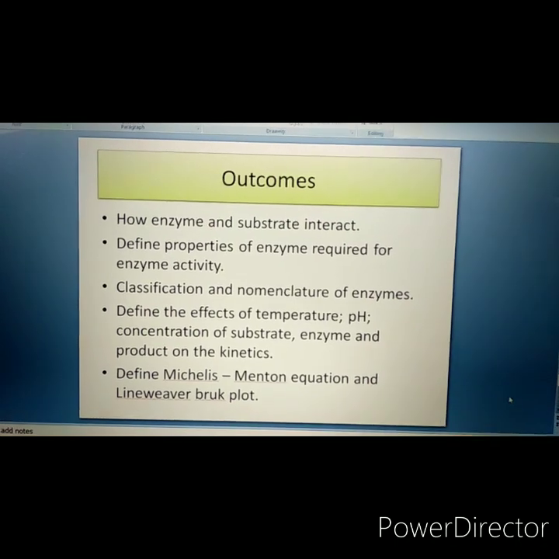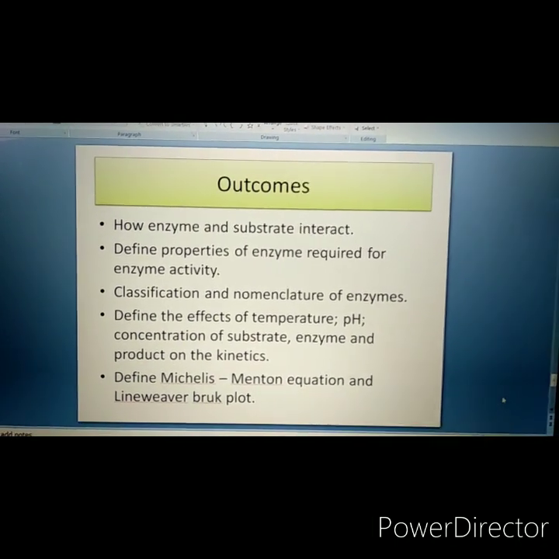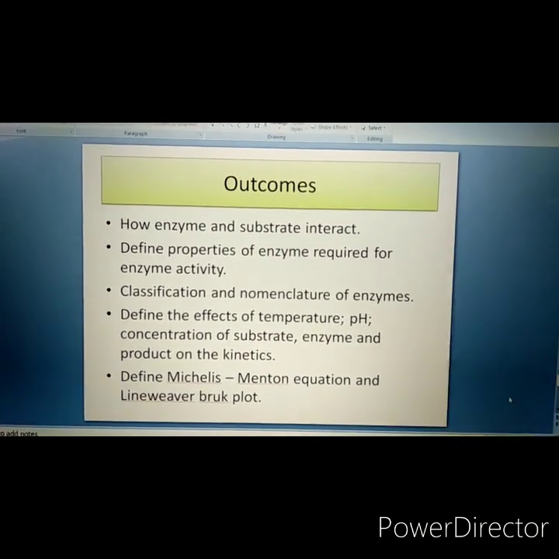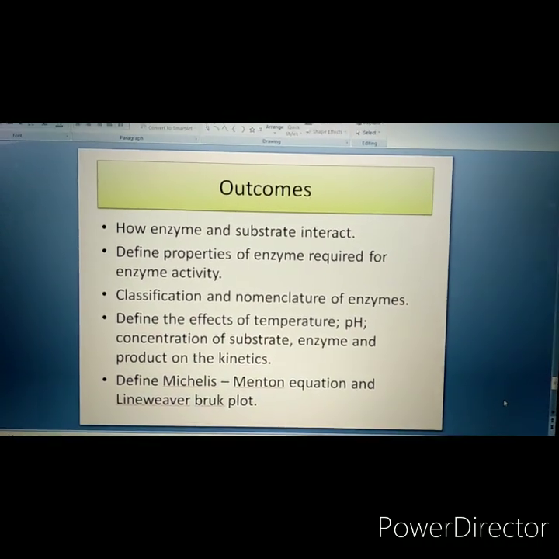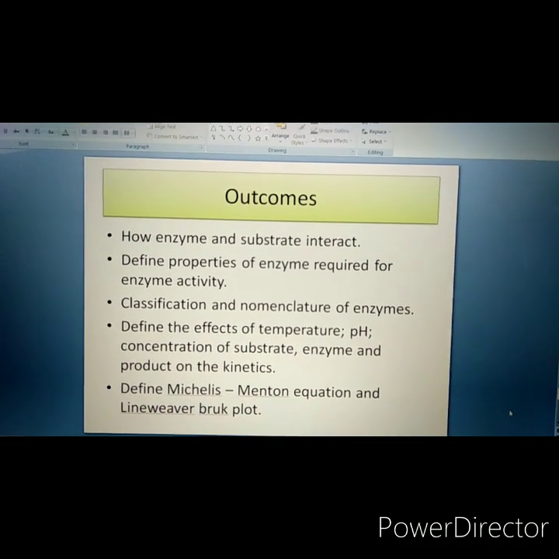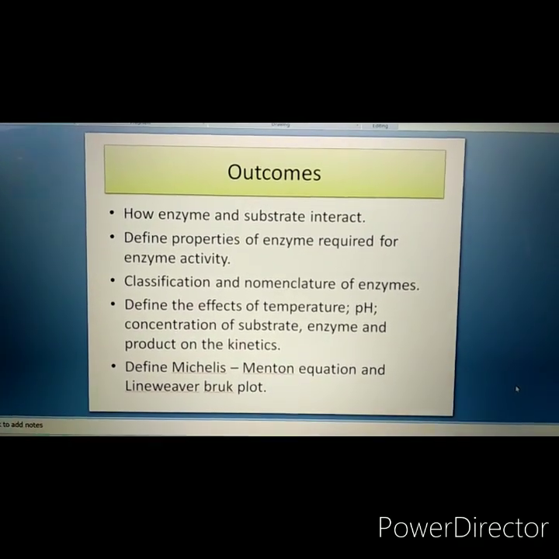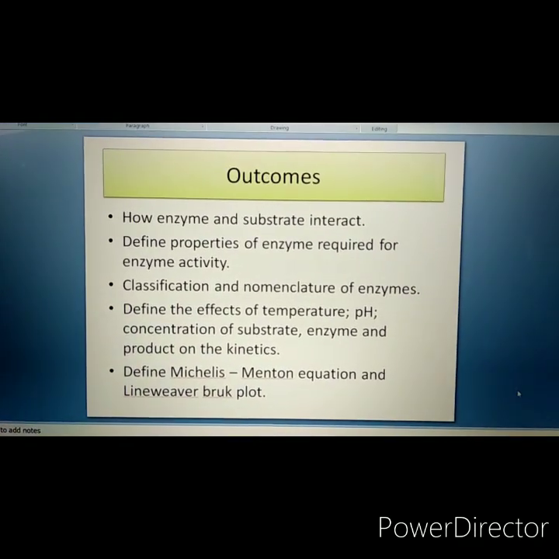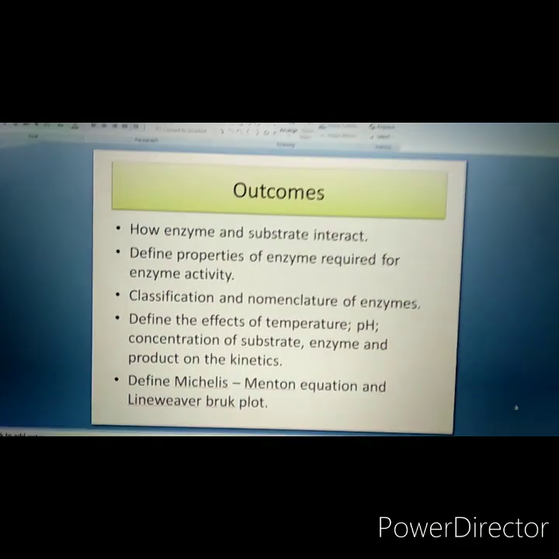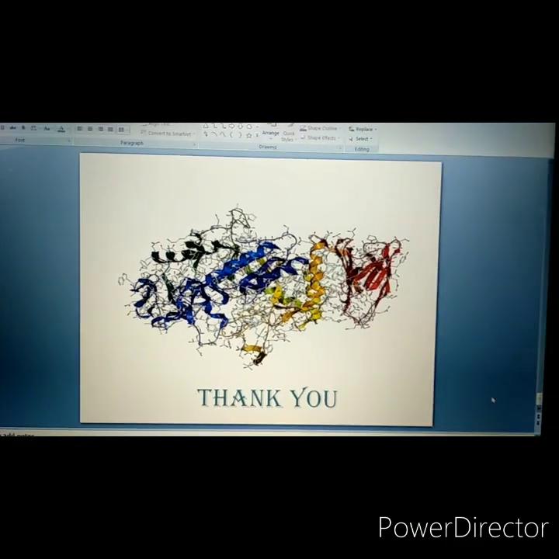We also derived the Michaelis-Menten equation, which is a quantitative relationship between substrate concentration and reaction rate, and we turned this hyperbolic equation into a straight line by using the Lineweaver-Burk plot. So thank you for this session.